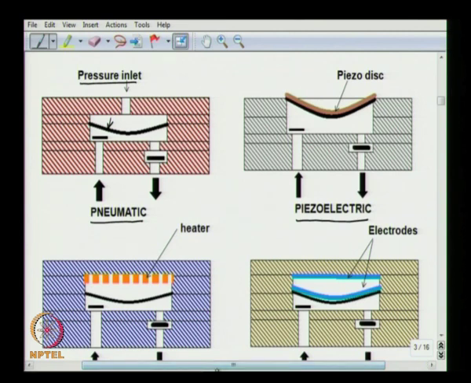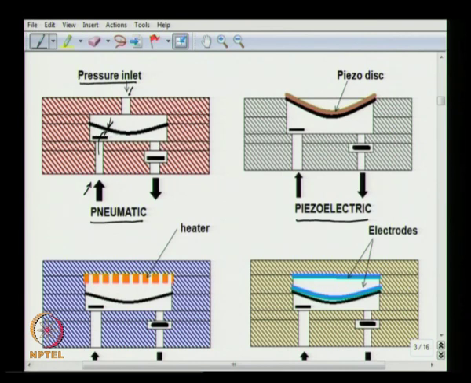Now, when the pressure here is less than the inlet pressure, the fluid will come into the chamber through this valve.